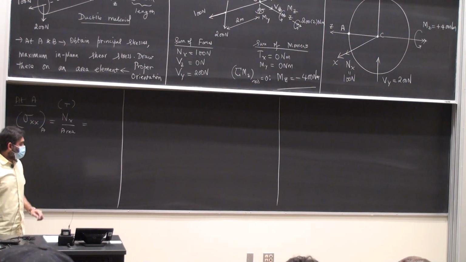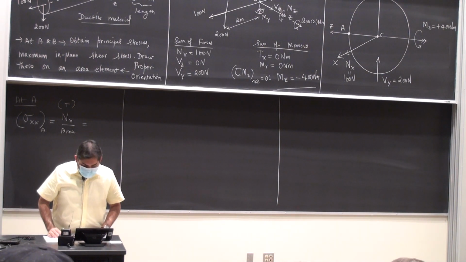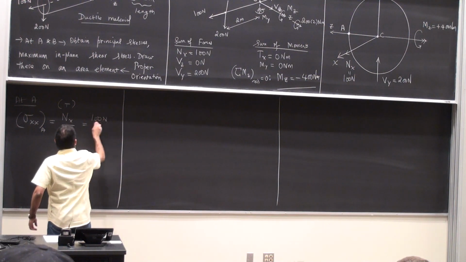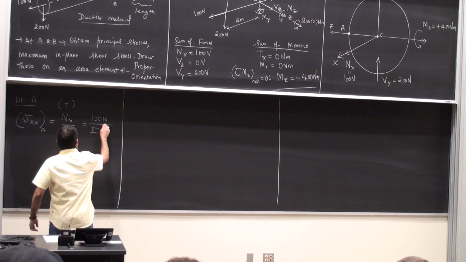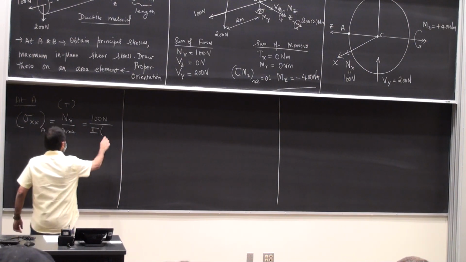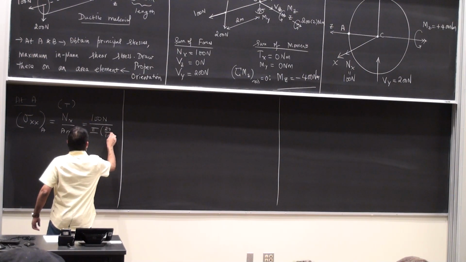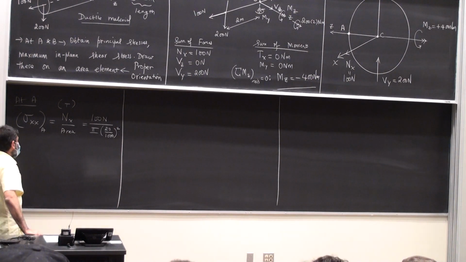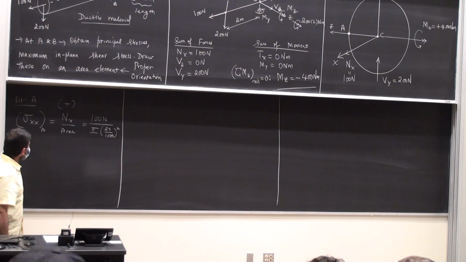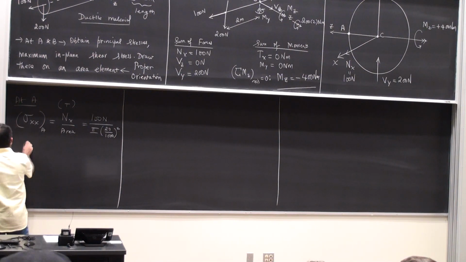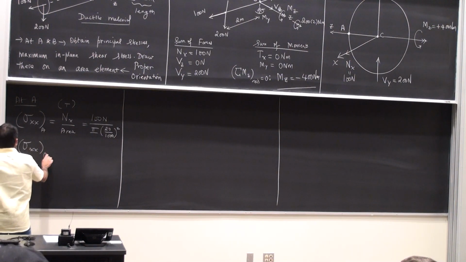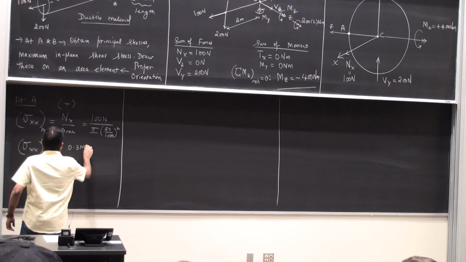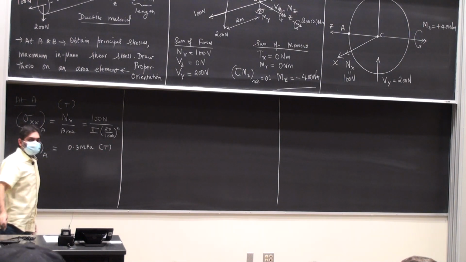And so if I do the calculations, this is going to end up being the following: 0.32 megapascals, 100 by pi times r square, by 1,000 square, so around 0.32 megapascals in tension.